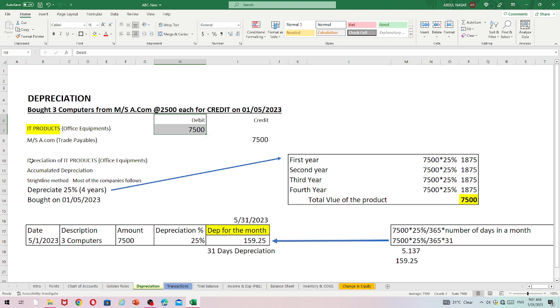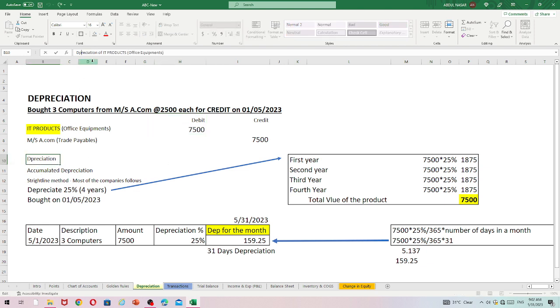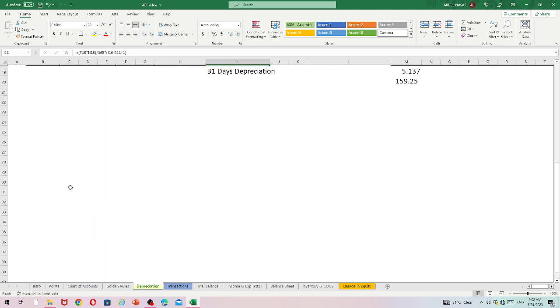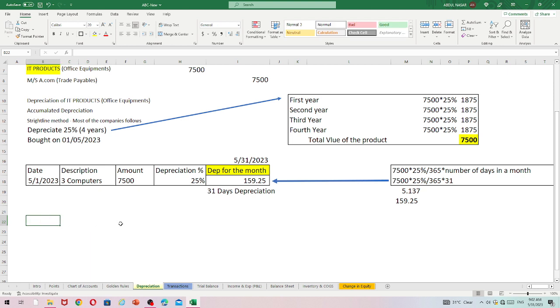While passing the depreciation, we need to pass journal entries properly with proper calculation like this 159.25. So the entry will be the depreciation. I will be discussing the entry in detail with you, because one second, there is a term called depreciation, right?